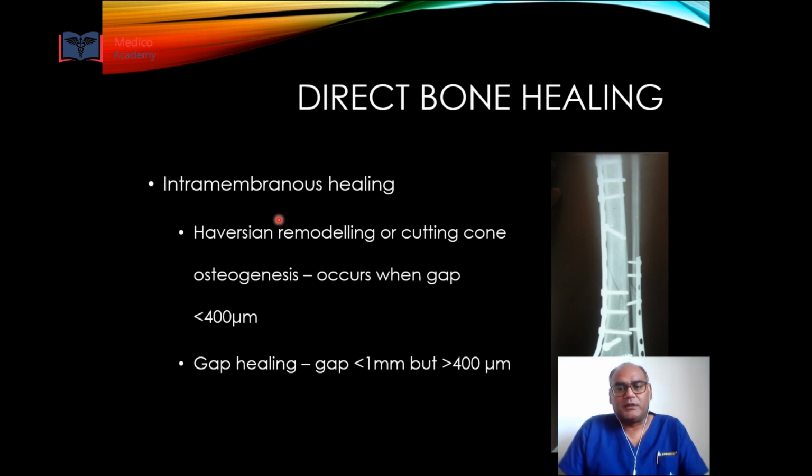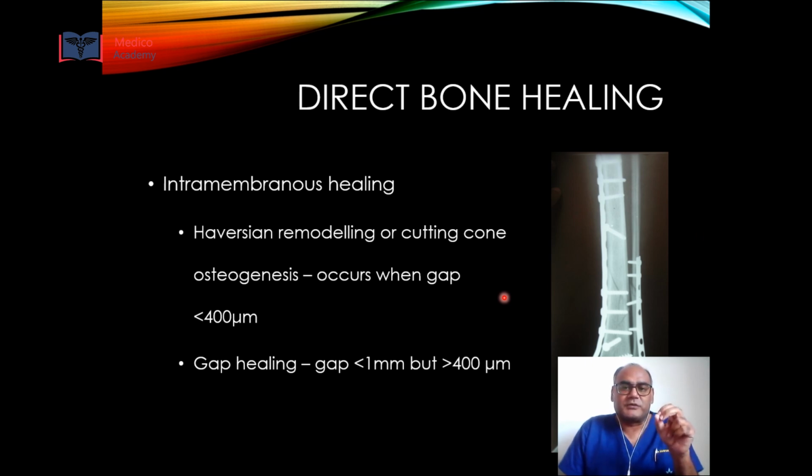There are two methods in which direct bone healing can occur. The first one is osteonal remodeling. Osteons are the concentric circular canals which we call the Haversian canals. They can directly go across the fracture through a particular mechanism. We call it the cutting cones.